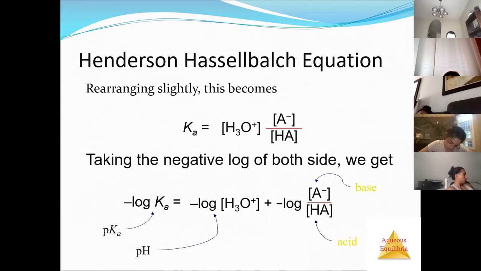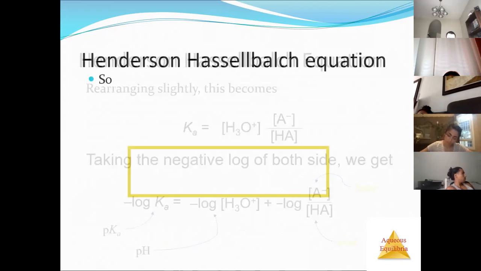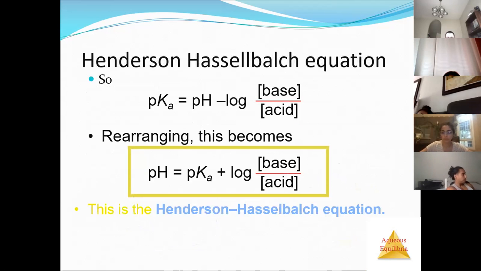I get the negative log of H3O+ on the right, which is my pH, plus the negative log of A- over HA. I rearrange this, and I get my pH is equal to pKa plus the log of my conjugate base over my acid. The conjugate base, remember, is my anion concentration.